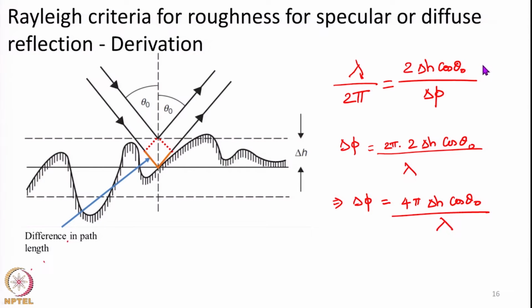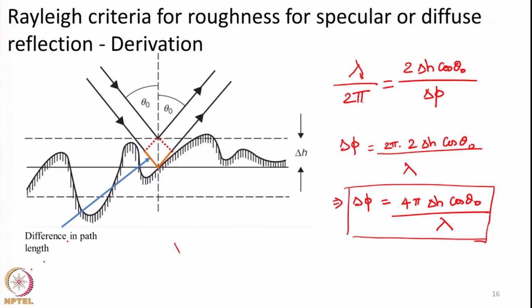I am telling it again for simplicity's sake: a wave of wavelength lambda will have a phase of 2 pi over its entire wavelength. For us, we calculate the phase difference for a wave which has travelled the distance 2 delta h cos theta naught. So, the small phase difference delta phi is 4 pi delta h cos theta naught by lambda.